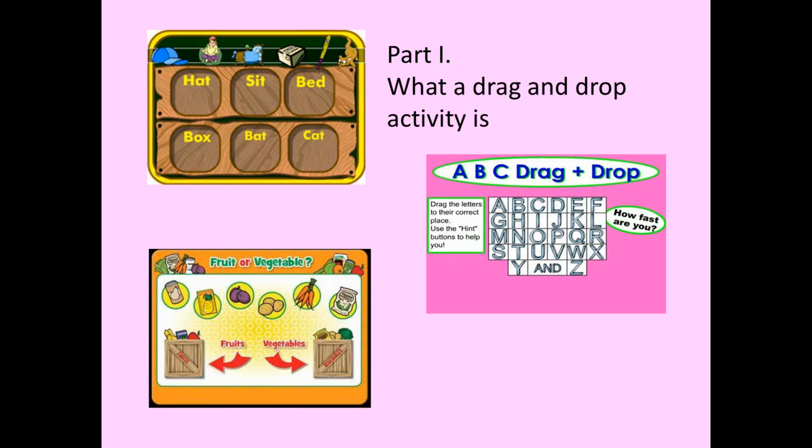What the research shows is that when you move the cursor, you learn more than if you just heard about it or read about it. So this is a learning game. It's an activity or an exercise where a learner moves the cursor, moves objects, that is, drags objects, and then drops them on the background.